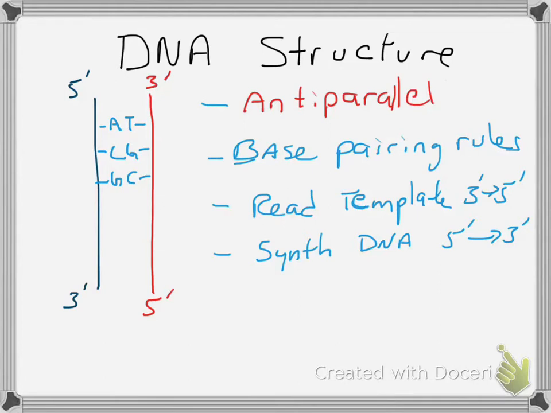All right. The other thing that we want to keep in mind about the DNA structure is that when we make it, we replicate it semi-conservatively. So we have semi-conservative replication.